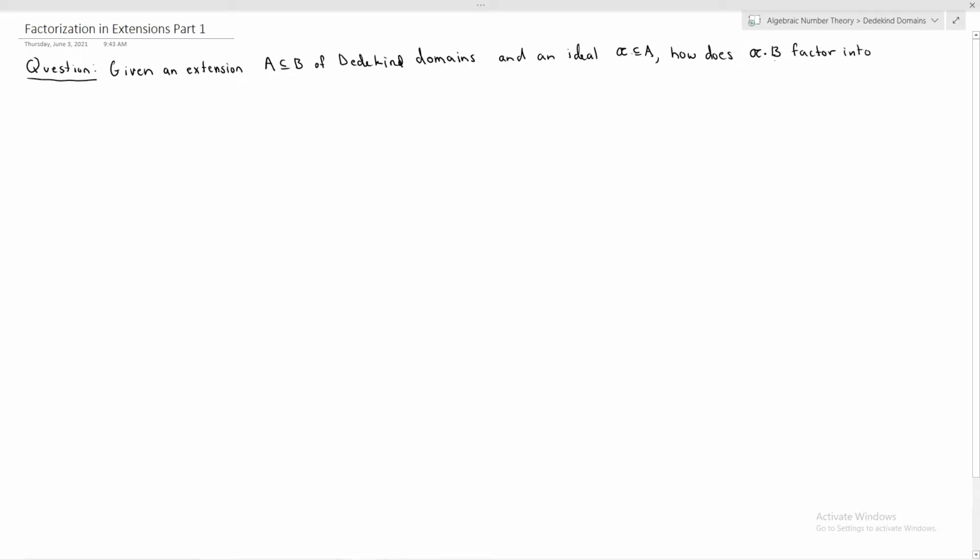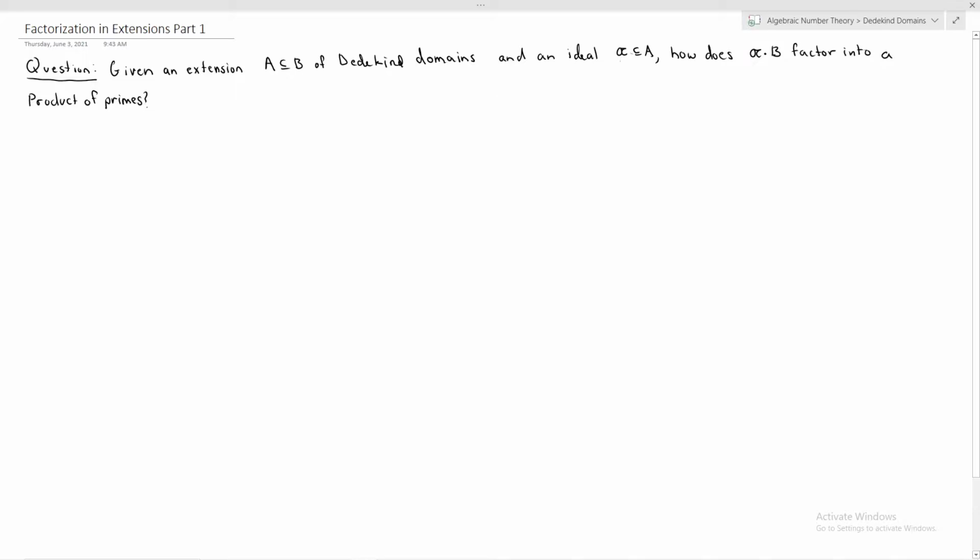So the ideal generated by A in my bigger ring B. This is the question I want to try to answer in the next few lectures.